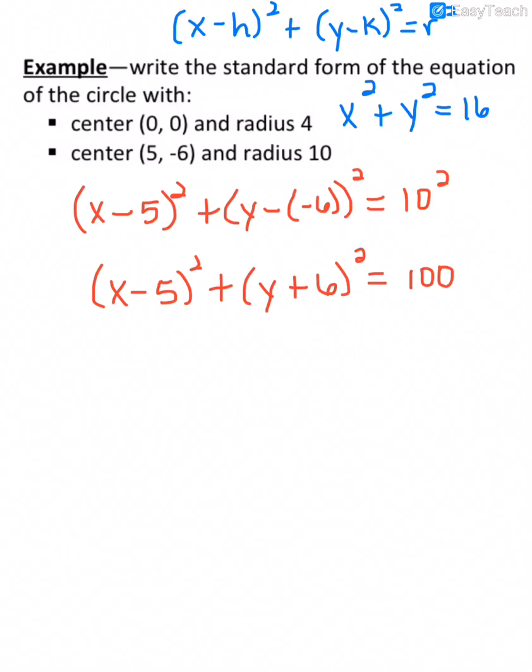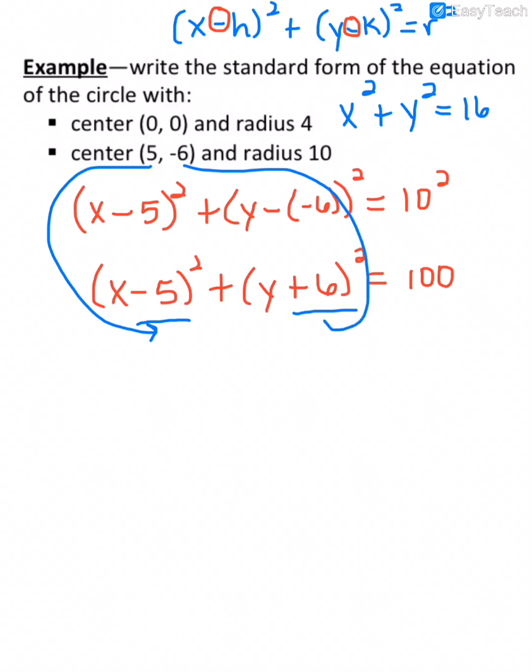Now, like I said earlier, because of the negative signs in our equation, that changes the signs of my h and my k. In the formula that we just wrote, we have x minus 5 and y plus 6, but my center is positive 5 and negative 6.